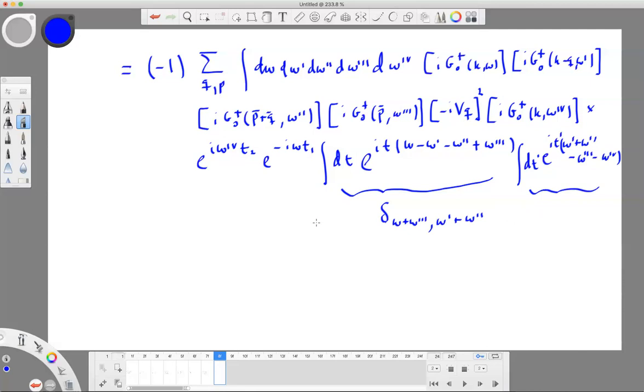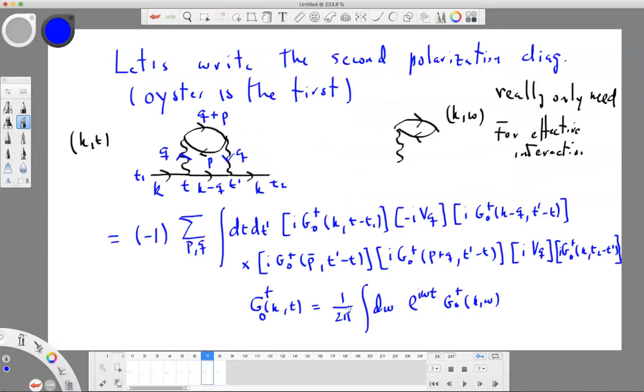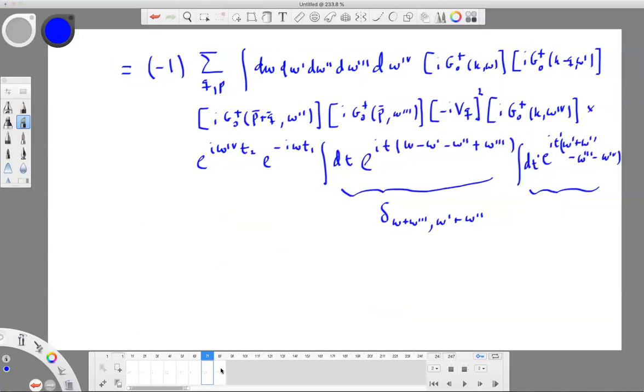In the Fourier transform, I put this 2 pi here, so that 2 pi is going to cancel with the 2 pi's that are going to come up here. You sort out the 2 pi's that are going to come from the deltas.